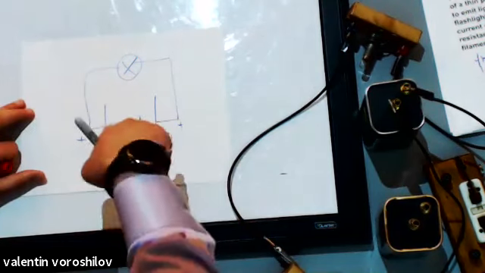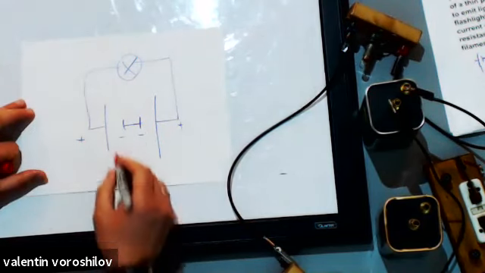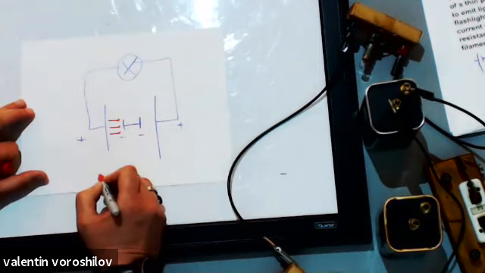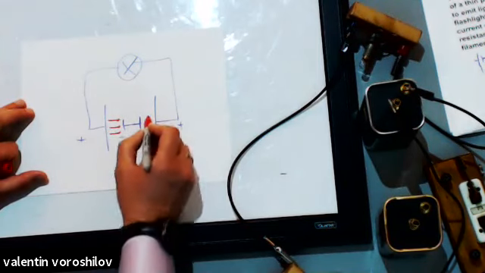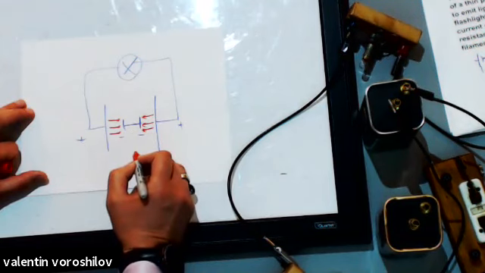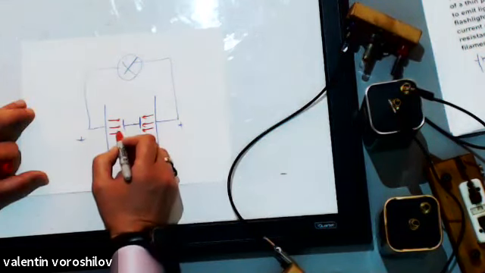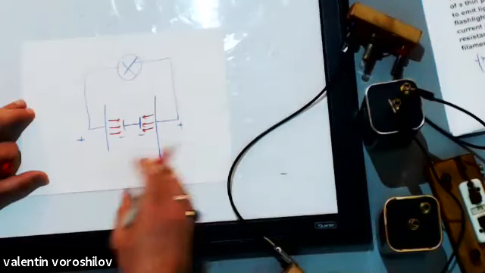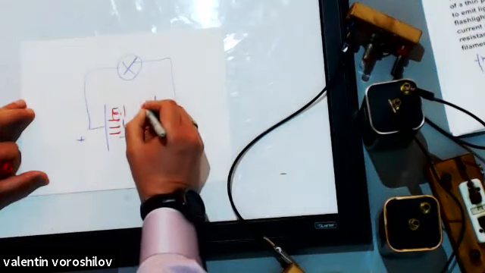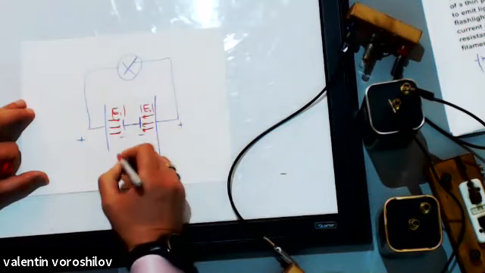But if we look inside the battery now, we would see electric field. Electric field should point from plus to minus. And inside this battery, electric field also points from plus to minus. So, of course, if we have two identical batteries, electric field strength number 1 is equal to electric field strength number 2.